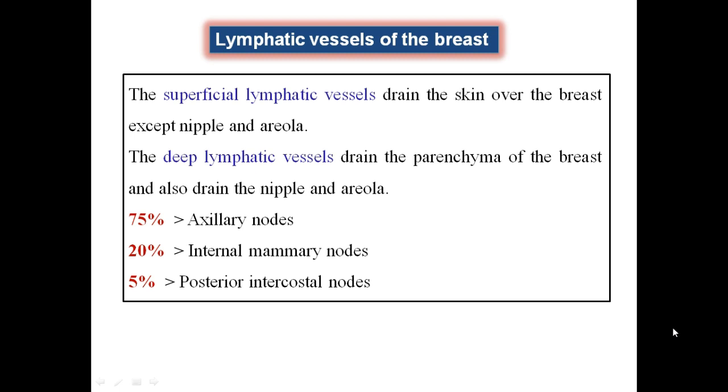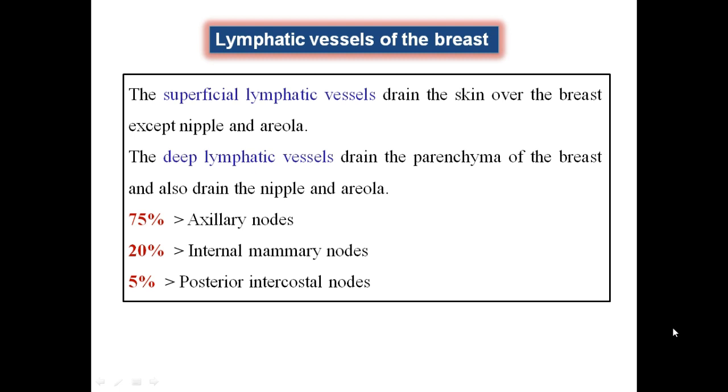The deep lymphatic vessels drain the parenchyma of the breast and also the nipple and areola. 75% of the lymph from the breast drains into the axillary nodes, 20% drains into the internal mammary nodes, and 5% drains into the posterior intercostal nodes.